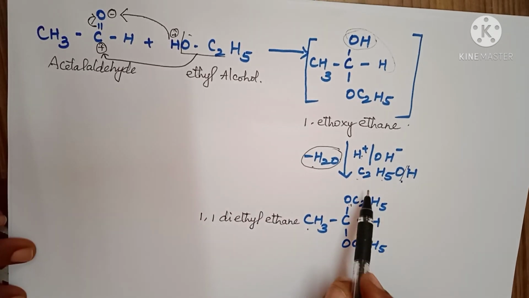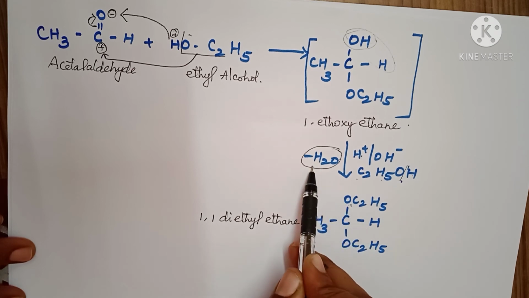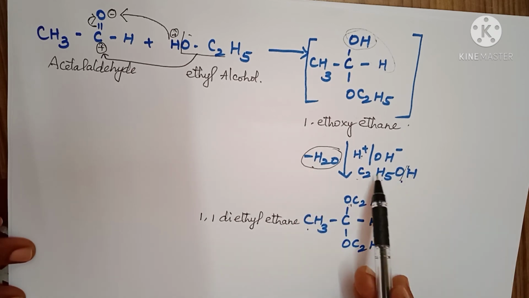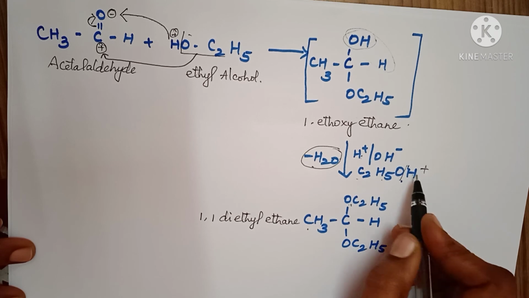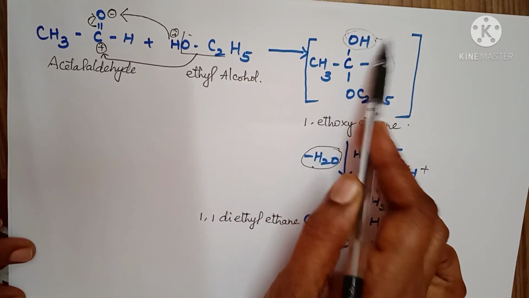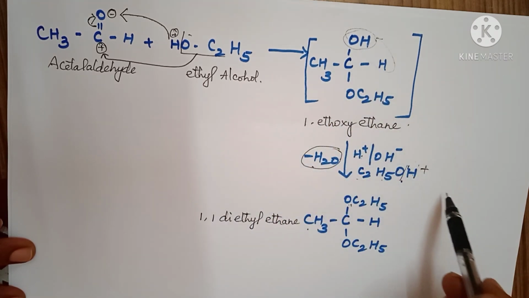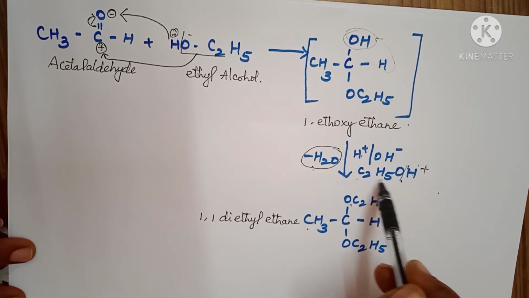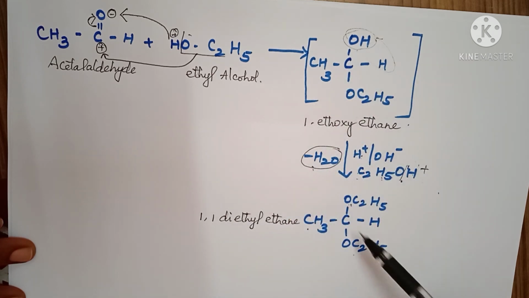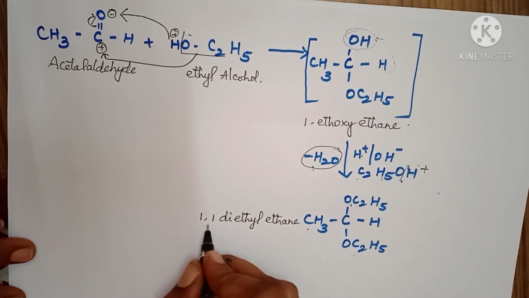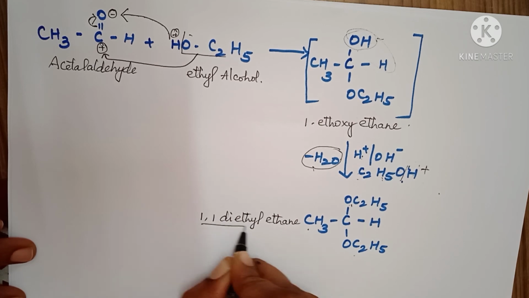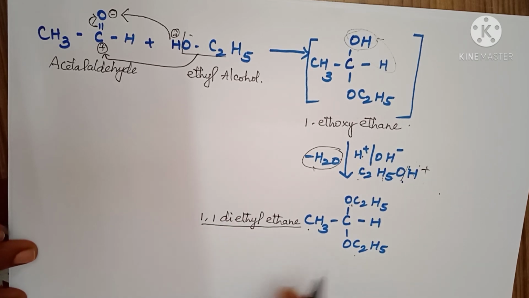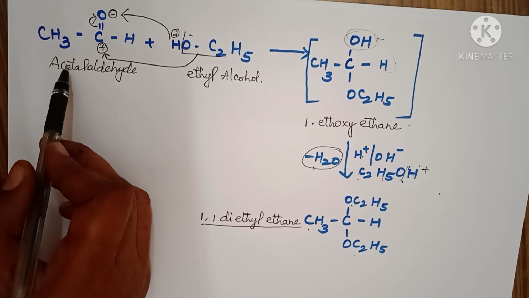See here, how will the water molecule go? H plus and OH minus ion go away as water. Then OC2H5, it's an ether. That is what I have written. So what is the name of it? 1,1-diethoxyethane. So what is the reaction?